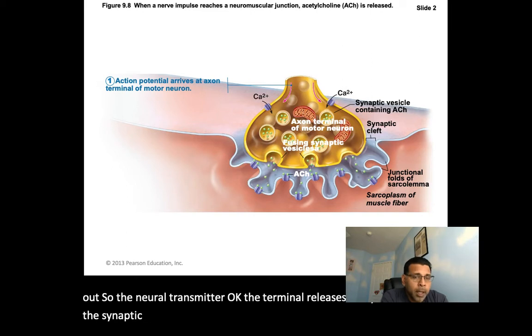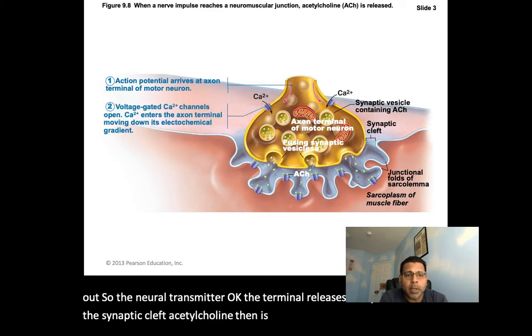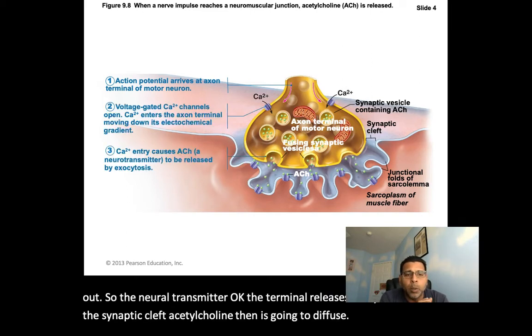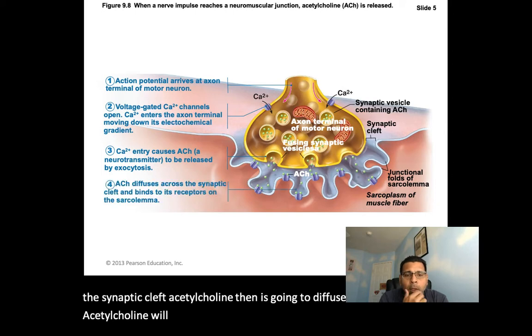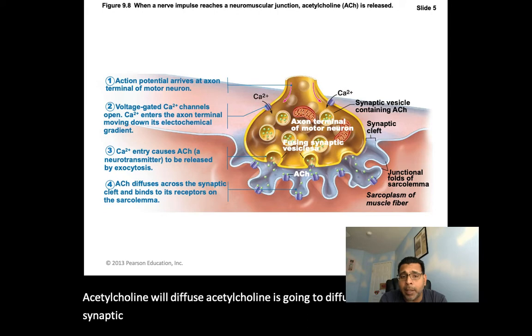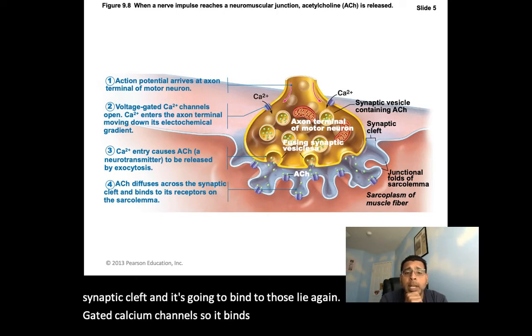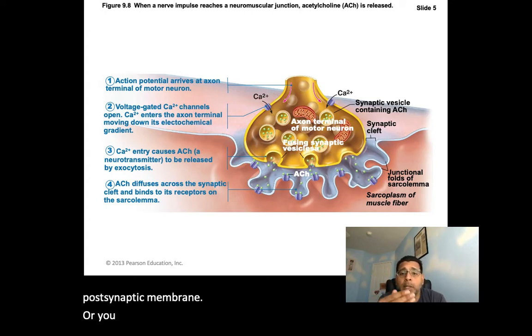Acetylcholine is going to diffuse across the synaptic cleft, and it's going to bind to those ligand-gated channels. So it binds to those acetylcholine receptors on the postsynaptic membrane, or you can say on the membrane of the sarcolemma.